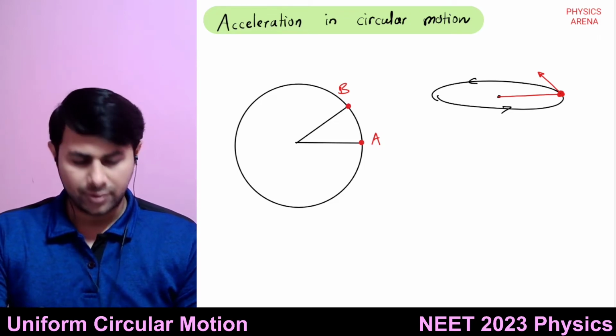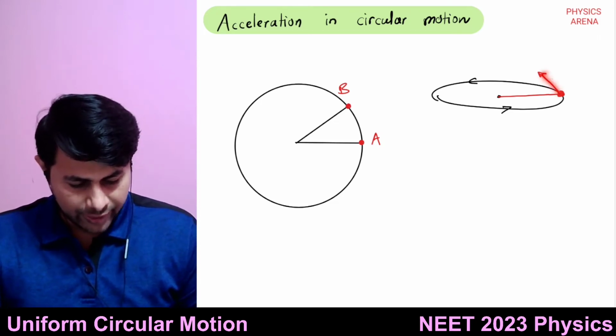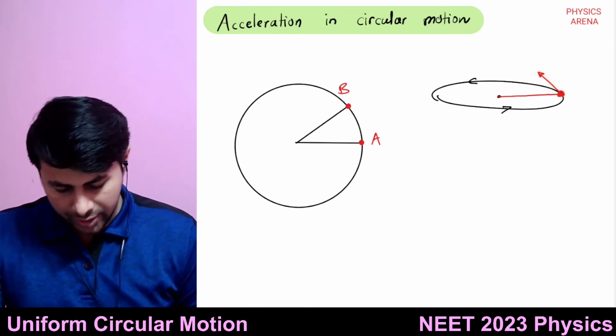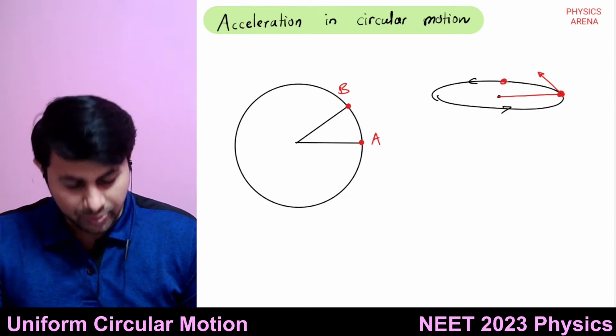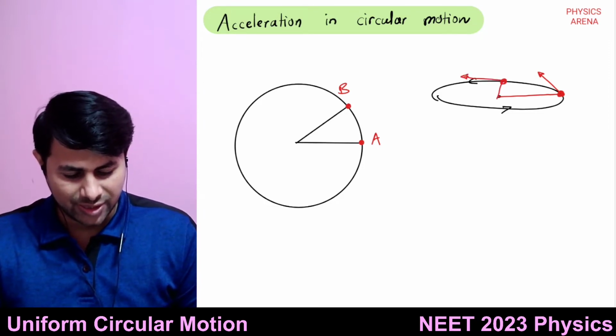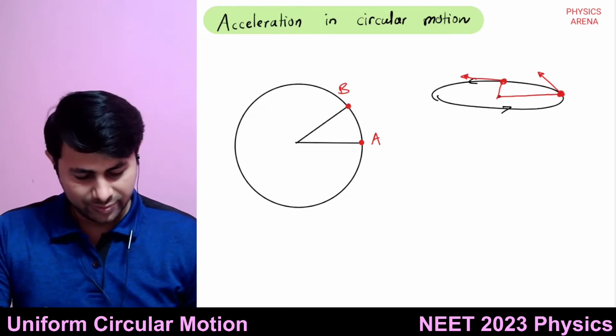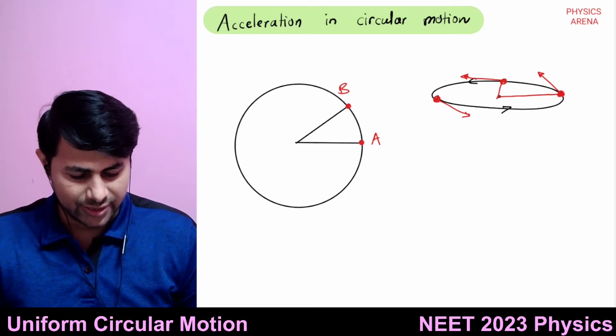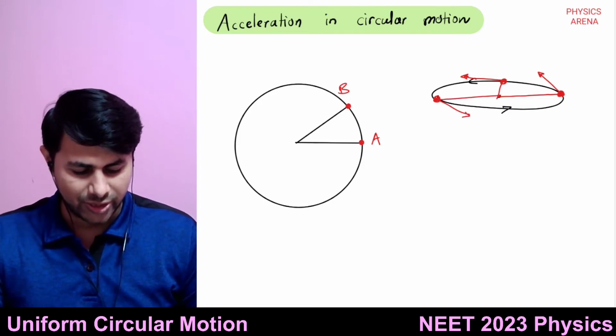So the direction of velocity at this point is tangent at this point. If you release the string when the stone is at this point, it will move tangentially from that point. If you release it at this point, it will move in this direction, tangential to this point.